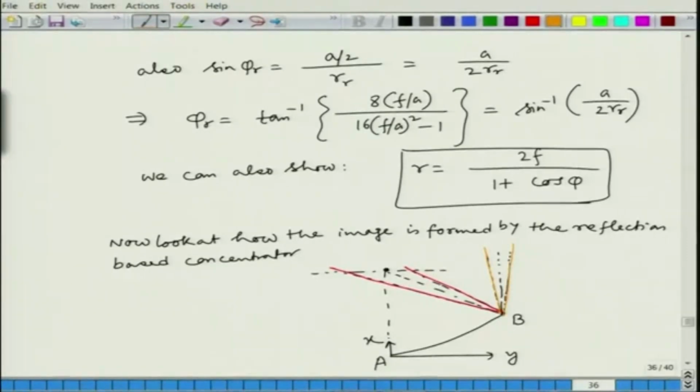Okay. So, you can see that across the focal point, the distance at which this plane cuts are different. This is a smaller distance compared to the other side. This is a larger distance, right, or longer distance. Okay, and this is the focal point.